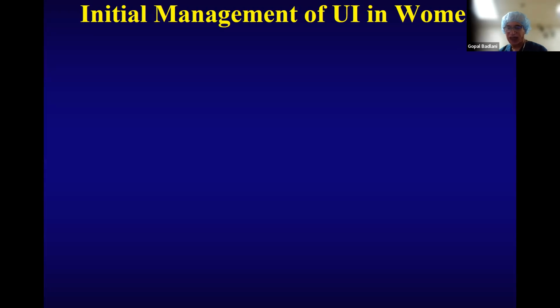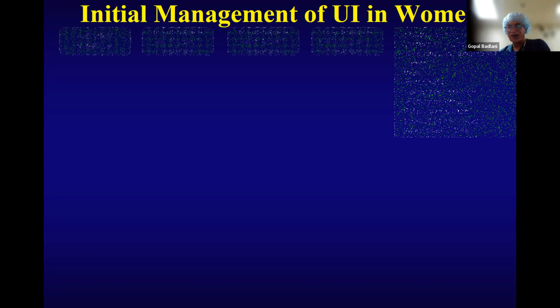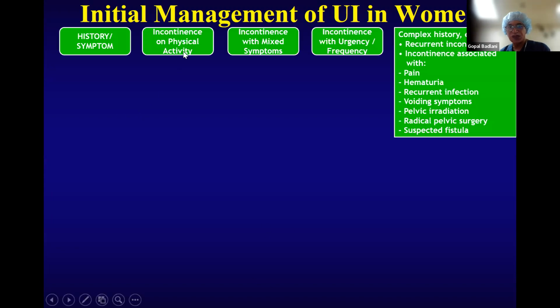So if you look at this algorithm, you have history, which is incontinence with physical activity, incontinence with mixed symptoms, urgency and frequency, and you have complex history. When you have complex history, such as associated with pain, hematuria, pelvic irradiation, these patients need to be referred to a specialist.